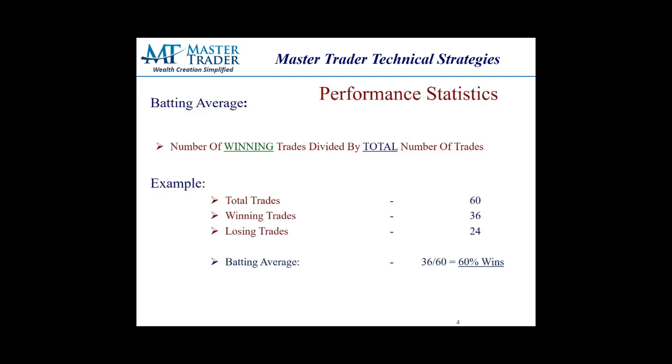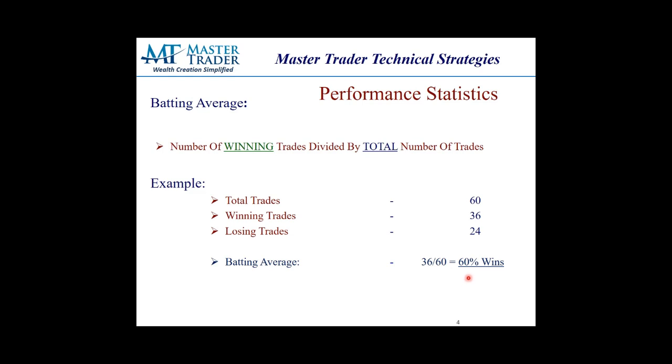So what's your batting average? As already mentioned, your winning trades divided by the total number of trades, and here it's a simple calculation: total trades, winners, your losers, and if this is how you were doing, this would be what your batting average would be, or 60%.